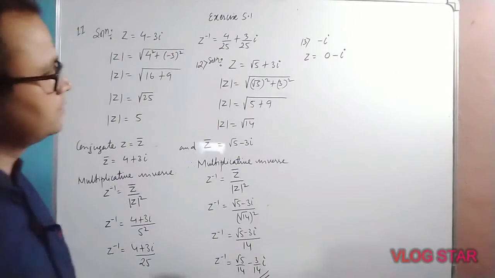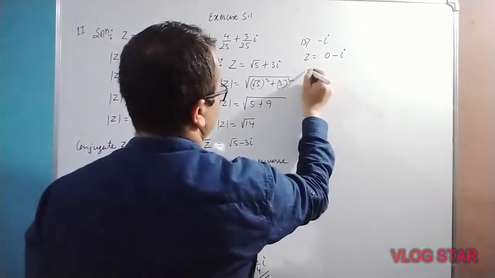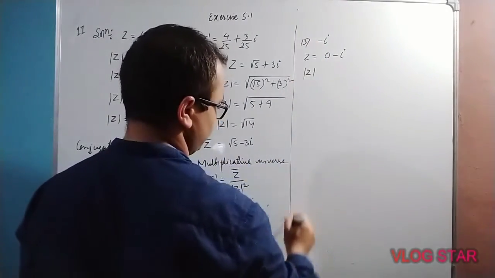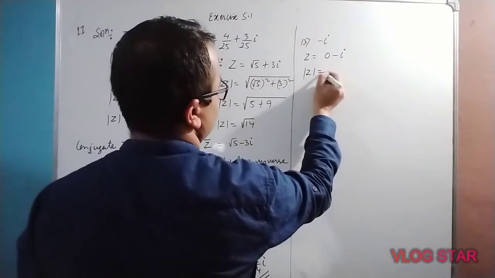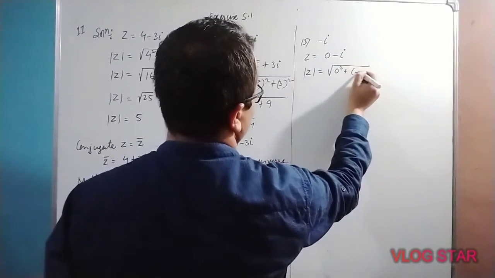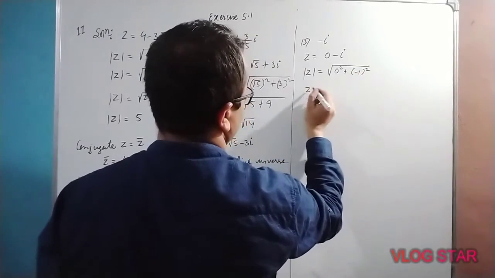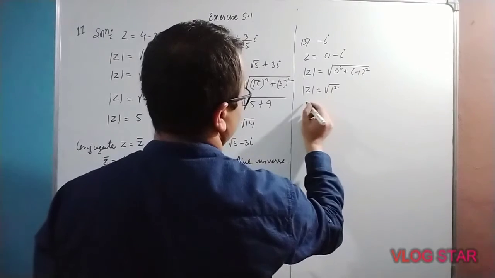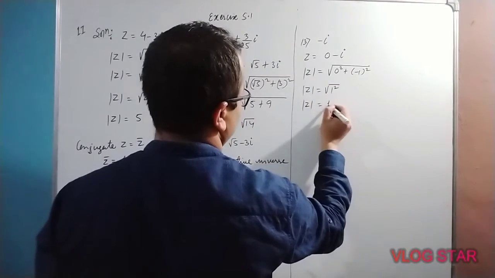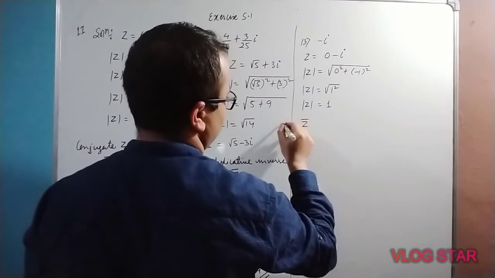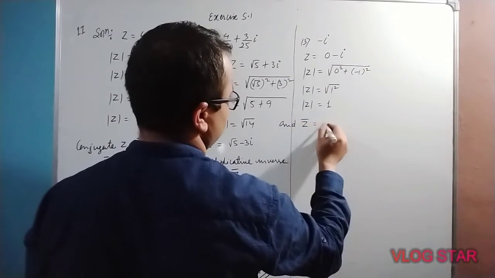First we will calculate |z|, root under 0 square plus (minus 1) square. So |z| equals root 1 square, which is 1. Now the z conjugate is i only.